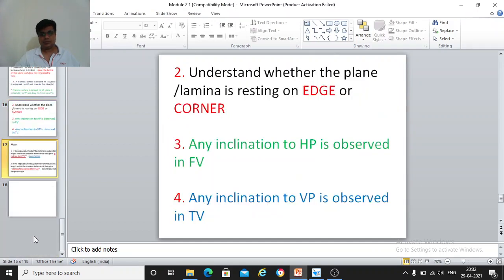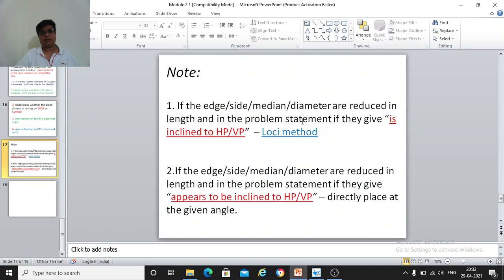Just remember the sentence in the problem. If they give that any edge or median or diameter is reduced, and if it is given as inclined to HP or VP, you should follow the locus method. But if in the problem they give that it appears to be inclined, you should be careful.